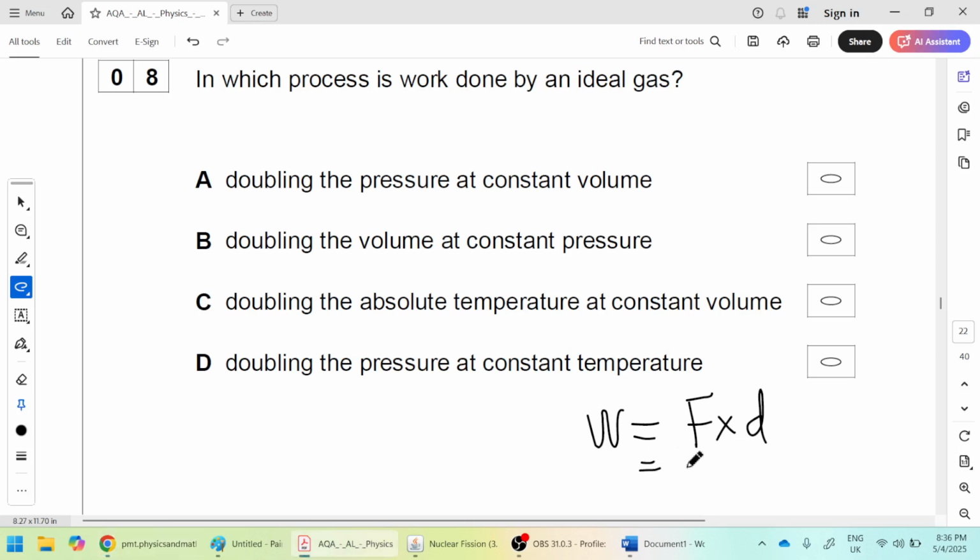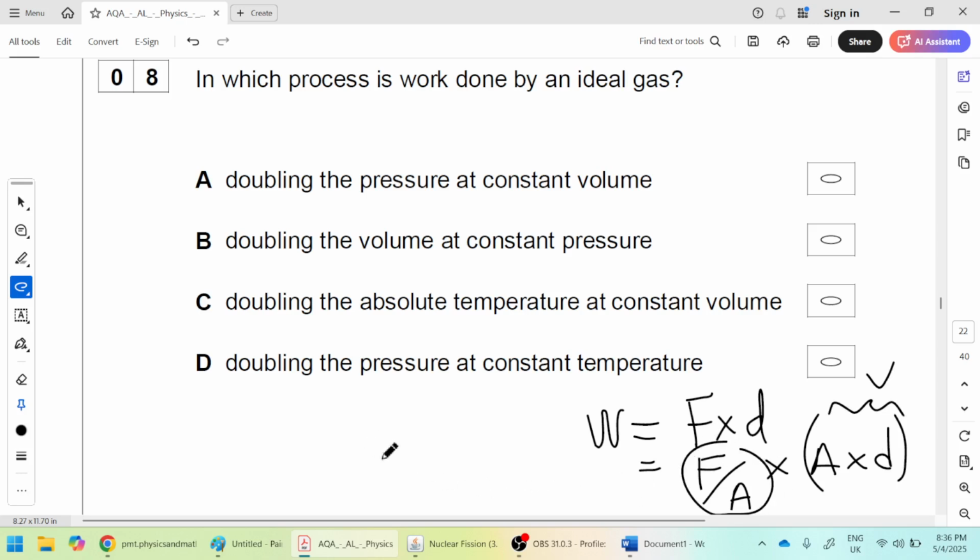So the idea is that force divided by area multiplied by area, so that these two cancel out to distance, and this one becomes volume. Okay, and this is pressure.